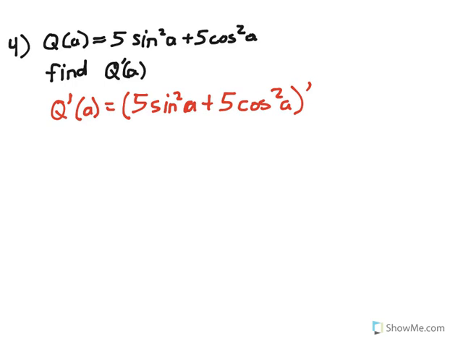That can be a little subtle and hard to read. Personally, what I prefer to do is to write it this way. So as an alternative, you could write it as d/da of the quantity 5 times the sine squared a plus 5 times the cosine squared of a. Either of these notations are acceptable.